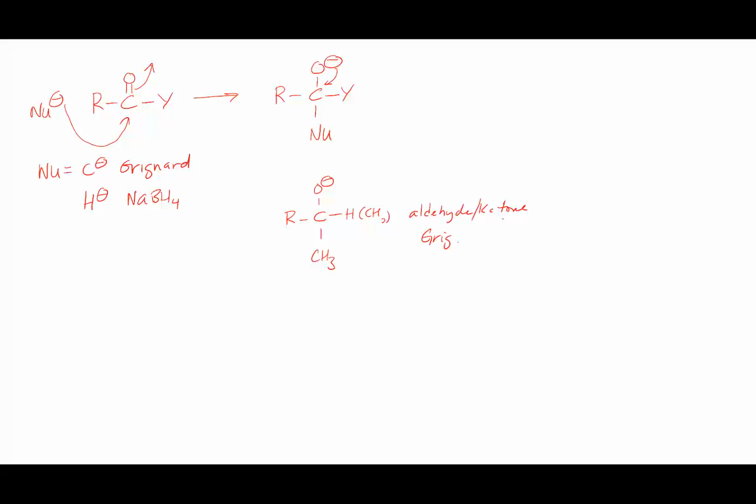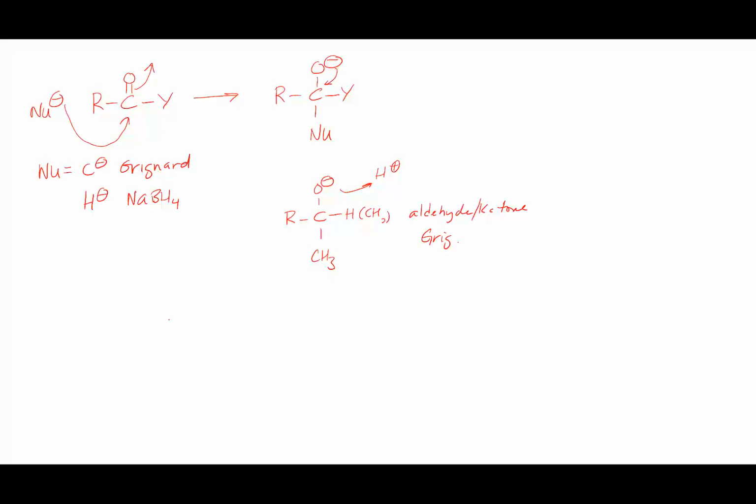What happens? Oxygen tries to bring the pair of electrons down, and it can't, because there's nothing there that can leave. H and carbon cannot leave. They're too strong a base. So this molecule gets stuck, and it just waits around for the H plus to be added.